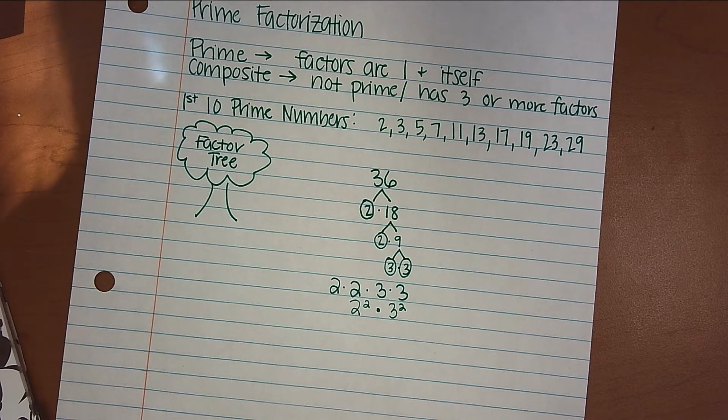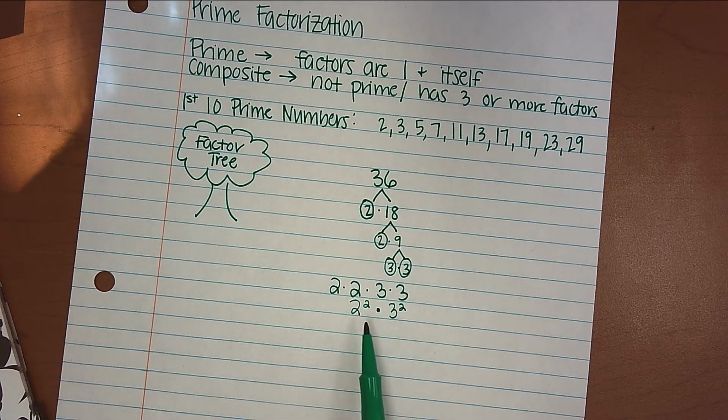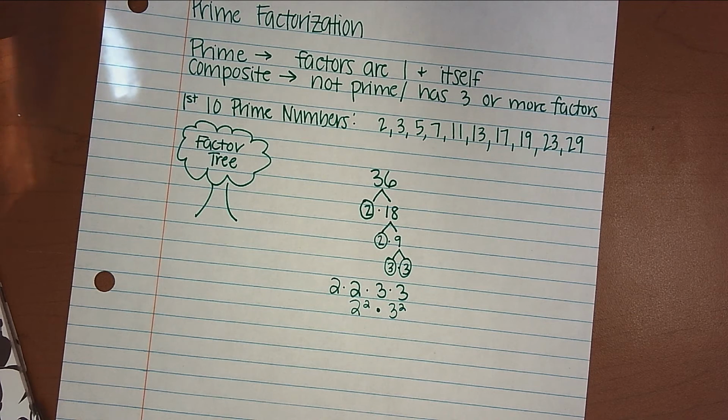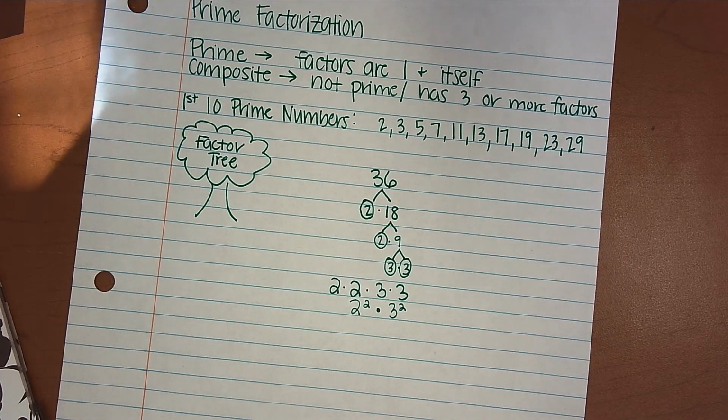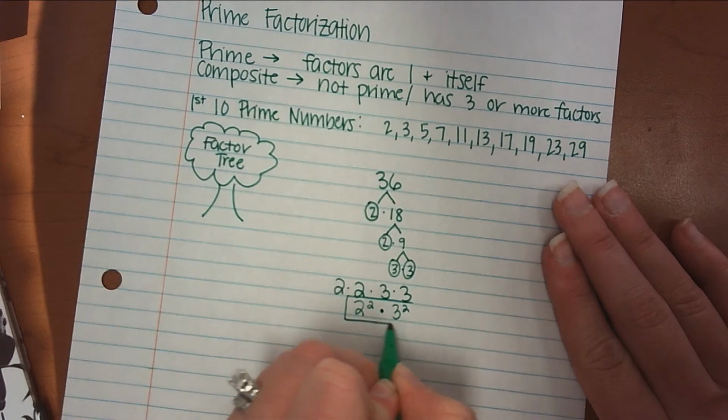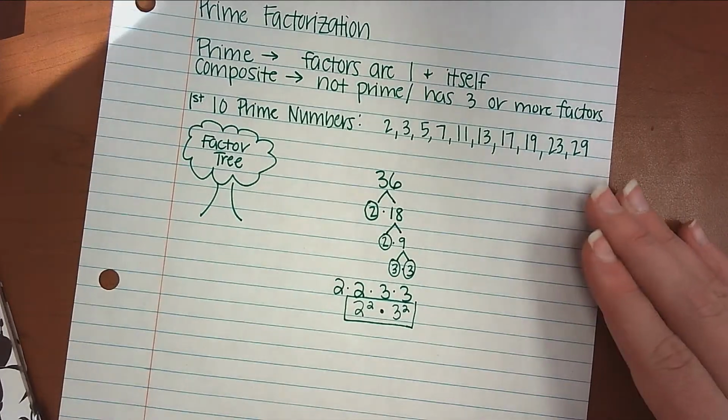So in this case, my first base is 2, my second base is 3. Those are in order from least to greatest. And we've got 2 squared times 3 squared as my final answer. This is factored form using exponents for the number 36.